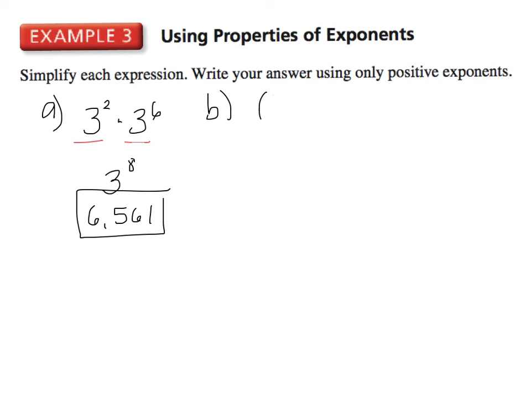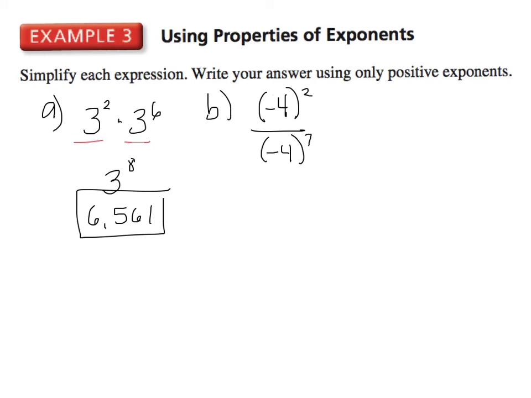B. Negative 4 squared divided by negative 4 to the 7th. Same base, so where are there more negative 4s? There's more on the bottom. So I'm going to show you a shortcut here, but let's first do this like we've done before.